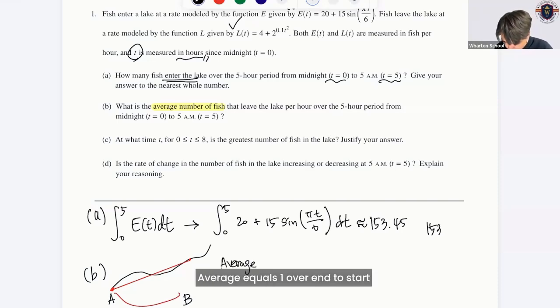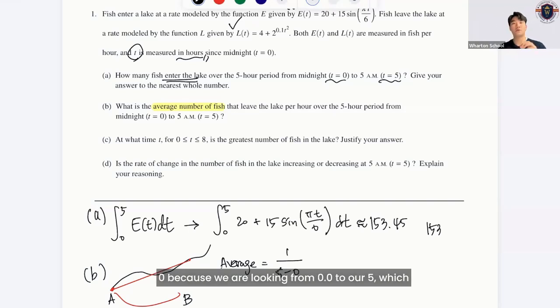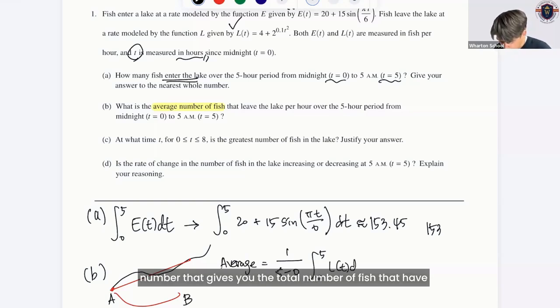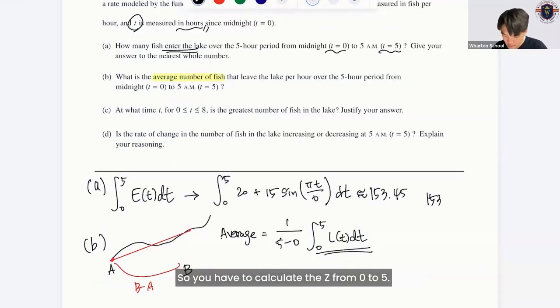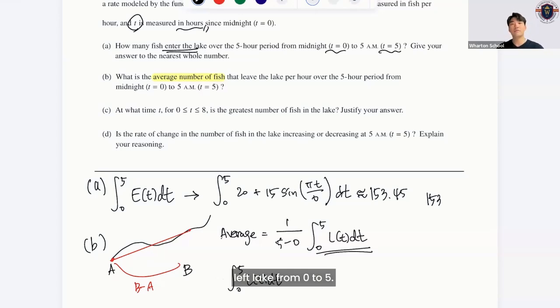Average equals 1 over (b minus a) to start. In our case it would be 5 minus 0, because we are looking from hour 0 to hour 5, which is 5 a.m. Then we put in the accumulated number that gives the total number of fish that have left the lake during the given period, which is the integral from 0 to 5 of L(t) dt this time.